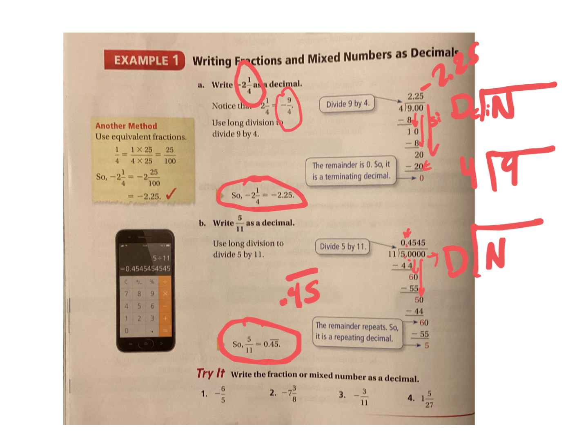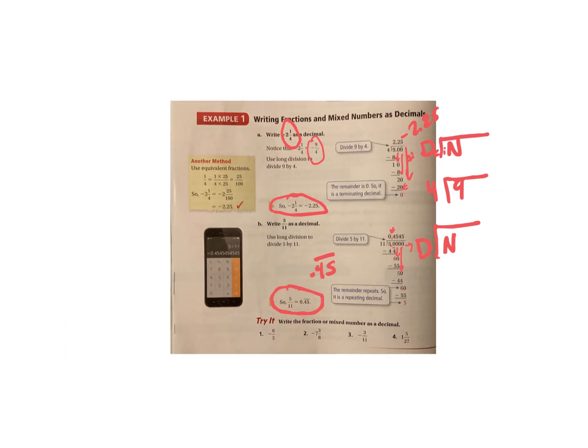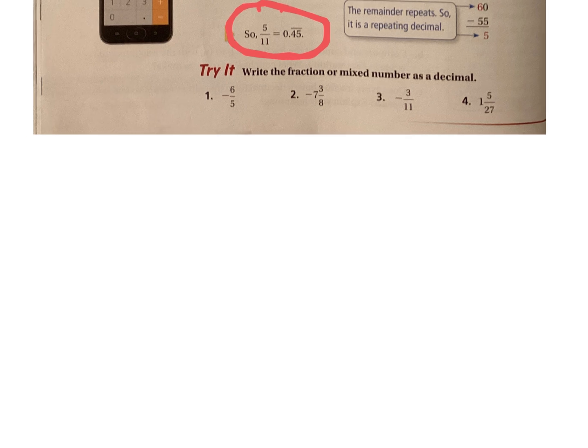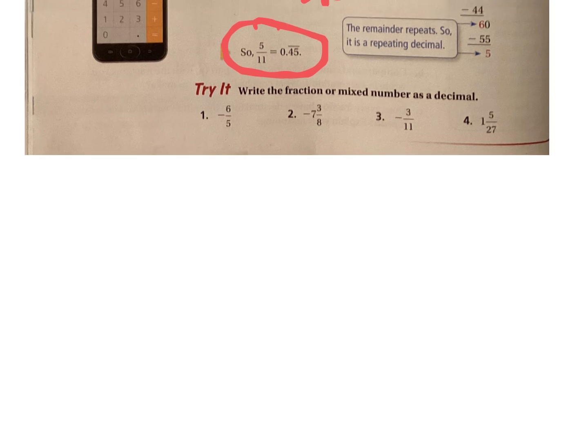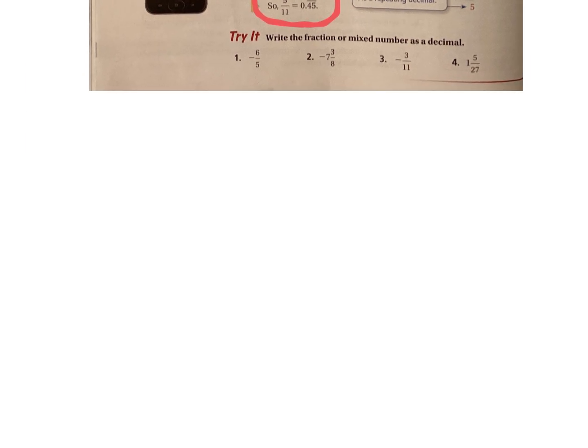So, okay, let's practice some of these. I'm going to do some by hand, and I'm also going to show you with a calculator how I like to do this. Okay. The try-its. Give me some space here. Okay, so number 1 is negative 6/5.